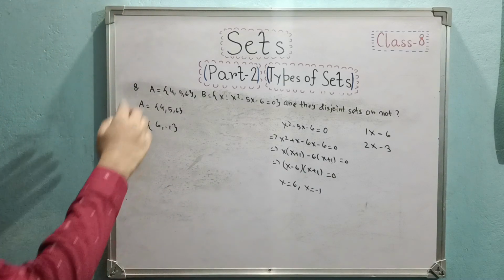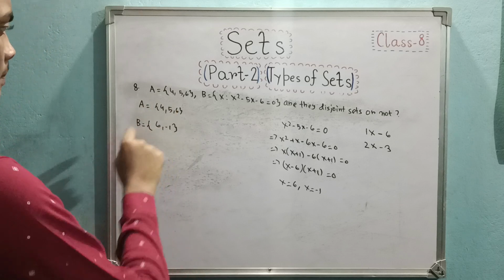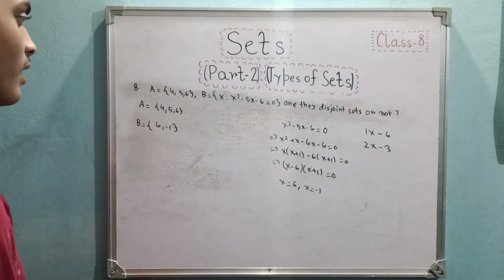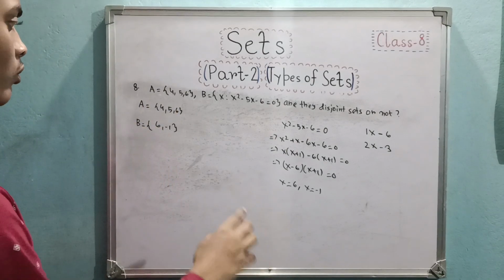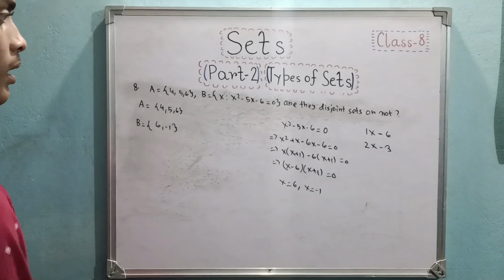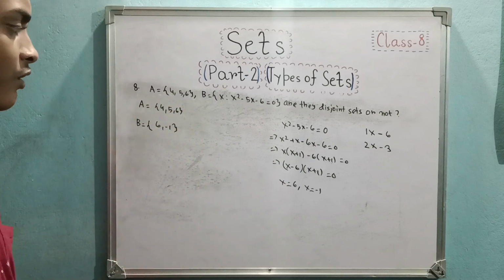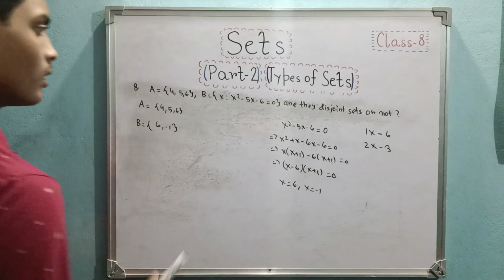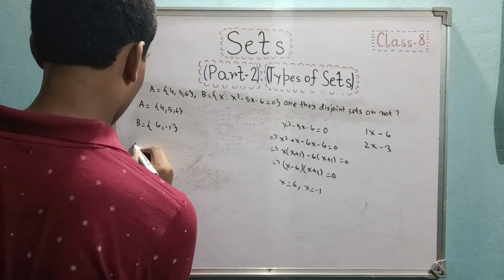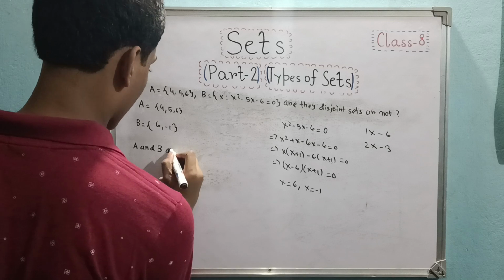Okay, we got the sets A and B. Now let's see. See guys, in A and B, one element is common. It is 6. And I told you for joint sets only one element should be common in both the sets, one or more than one. But in disjoint sets, no element can be common among the two sets. So A and B are not disjoint sets.